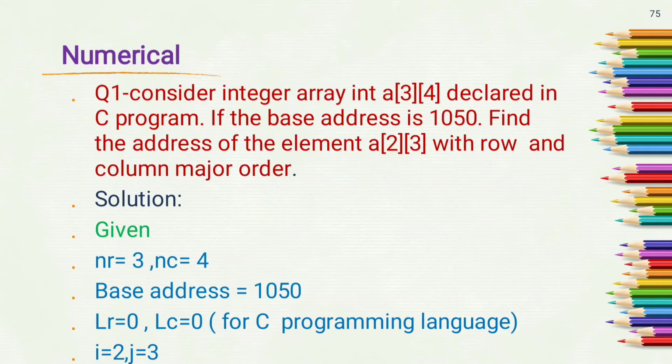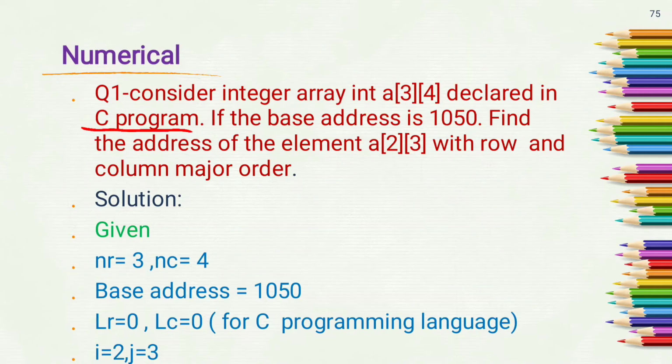So for understanding of these formulas, I am taking one numerical. Consider an integer array int A[3][4]. Here we have given an integer array where the number of rows is 3 and the number of columns is 4. So NR and NC are given.